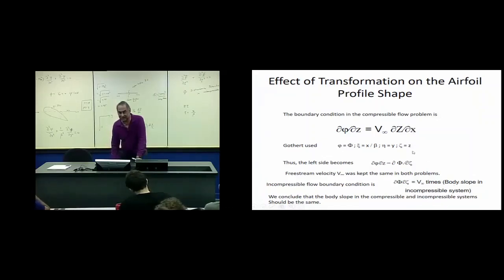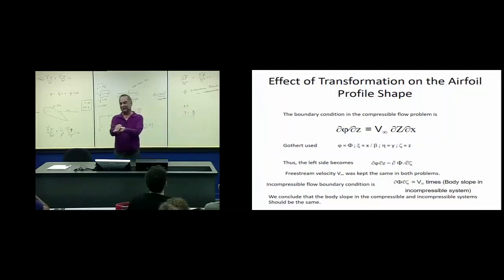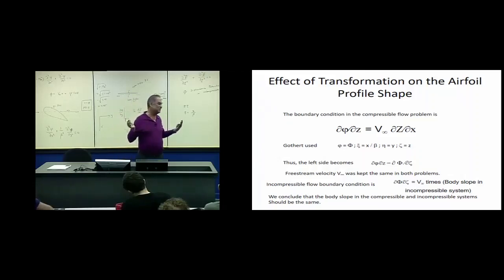That means it's the same body, same airfoil everywhere, same twist. Okay, so if you have a 5-degree angle of attack in your incompressible flow, when you do it here, you'll do it at 5-degree angle of attack. Nothing different than that. Okay. So on your right-hand side, remember you had a minus V infinity times alpha. That alpha will not change when you go from compressible flow to incompressible flow. The body slope does not change at all.